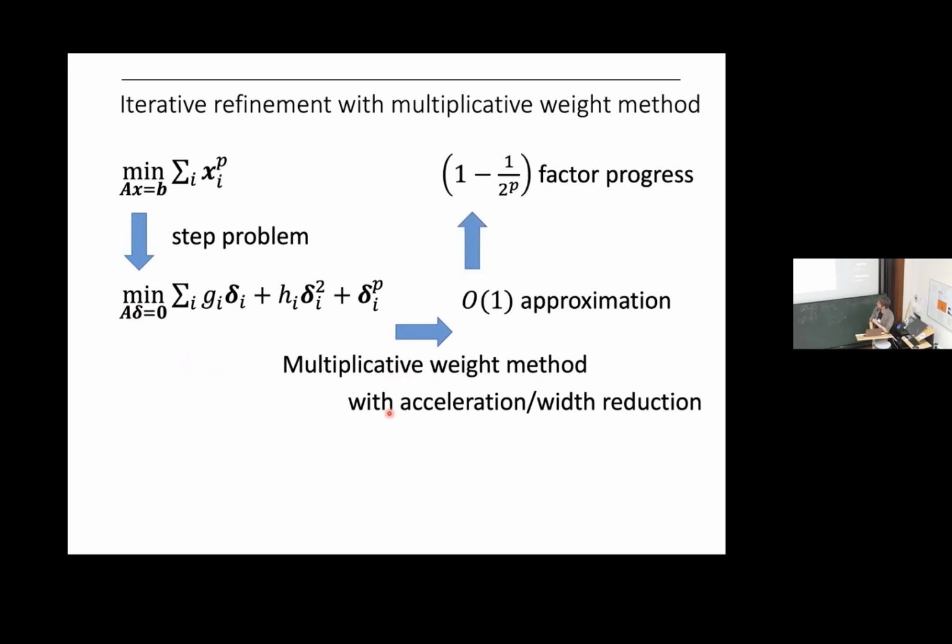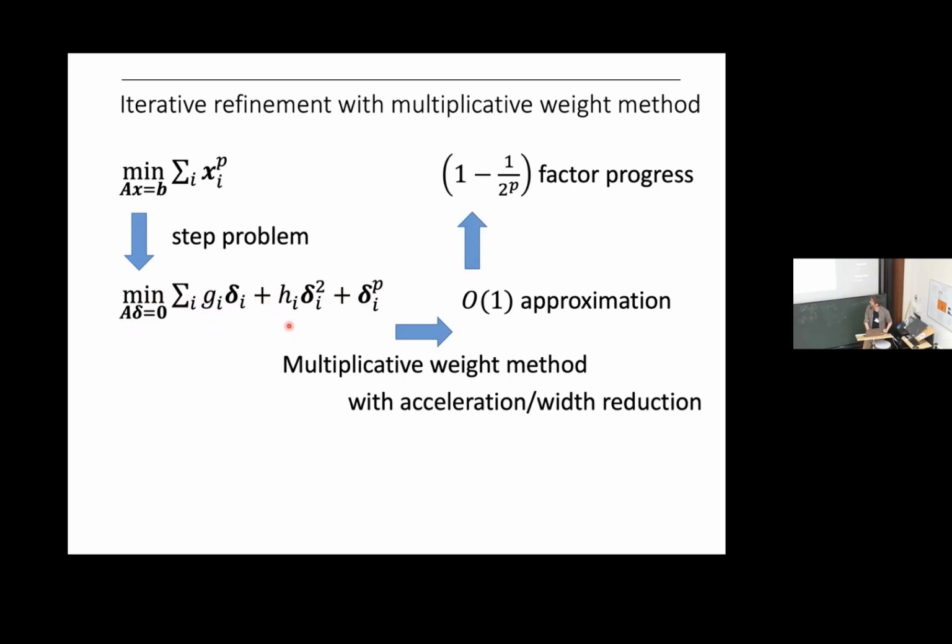That gives us a constant factor approximate solution over here. And notice that when I say constant factor, I really mean to this thing, and I drop the constant term in the function. There's no constant term here. If I put this to 0 with respect to delta, I get 0 value.